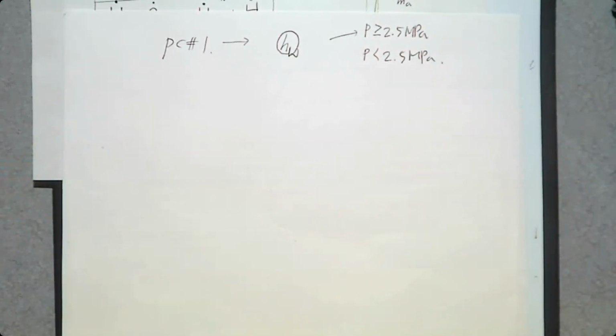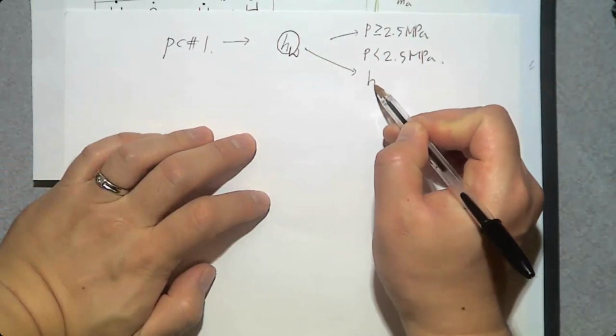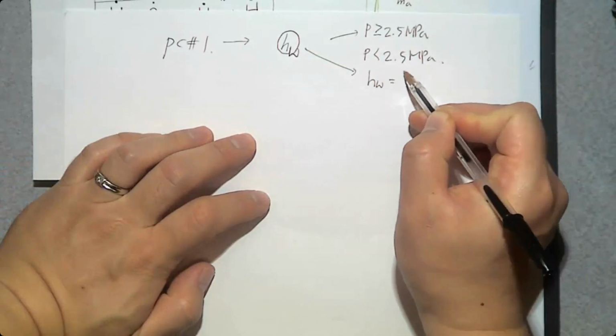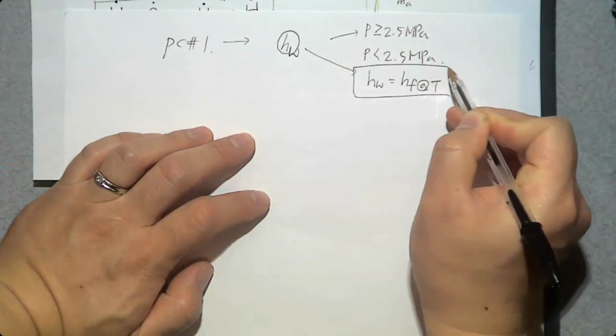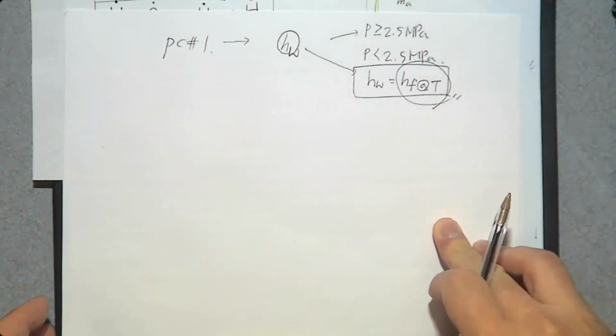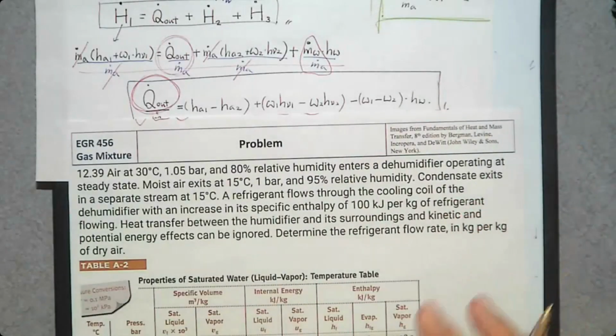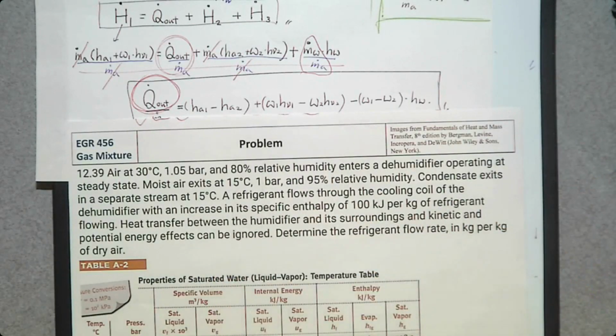Of course, the pressure is much lower than this value. So in that case, this HW can be determined by HW is the same as HF at the same temperature. So this is how we are going to determine the specific enthalpy of liquid water at number 3. So the only thing that we need to determine in this equation is going to be omega 1 and omega 2. So let's do that.